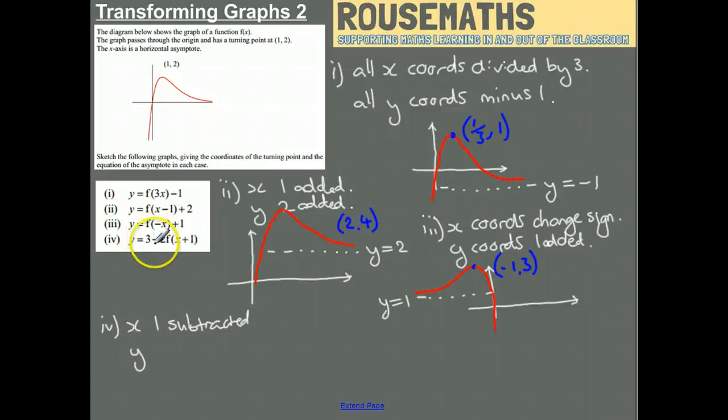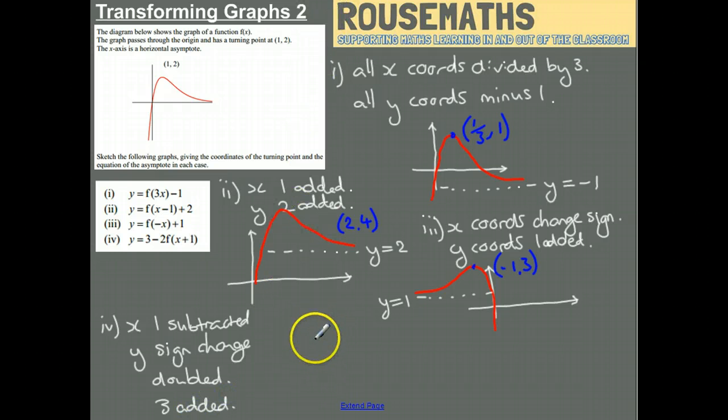The sign is changing, they're being doubled, and then they're being moved up by 3. So we've got a sign change, which is like a reflection or rotation in the x-axis. We've got they're being doubled, and then they have 3 added to them. There's quite a few things to get our head around on this one.